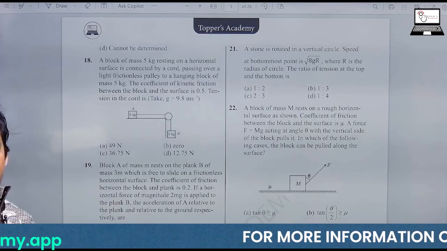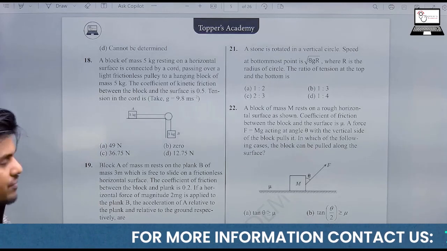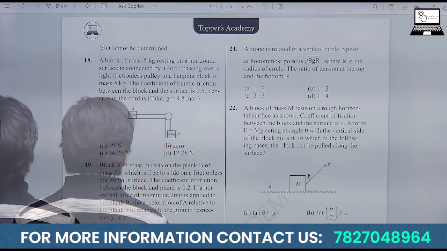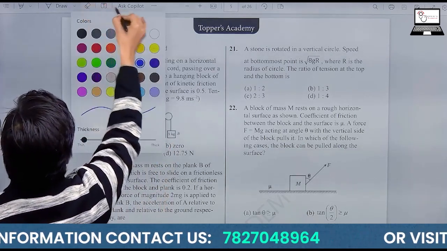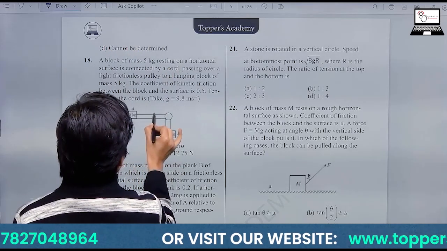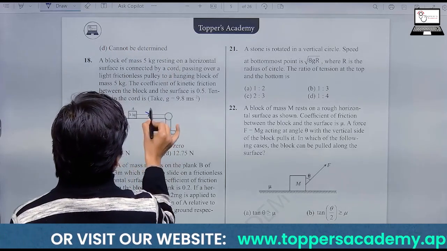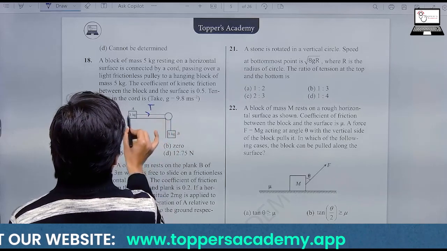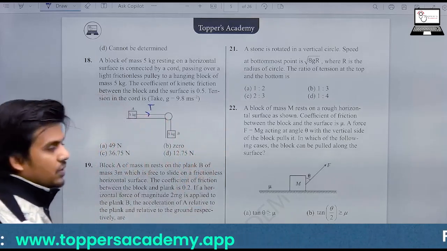To solve such a problem, we first have to draw the forces. This is the tension acting on this 5 kilogram block, which is moving only because of tension.